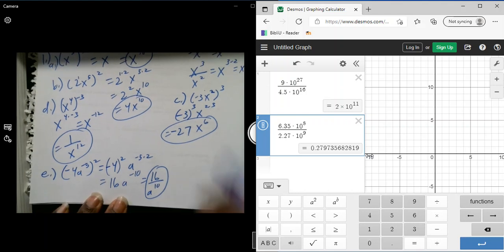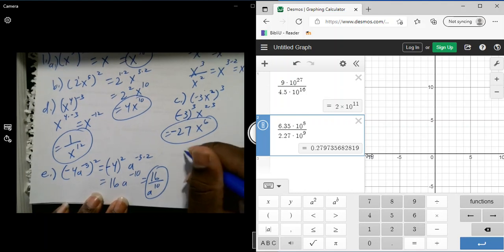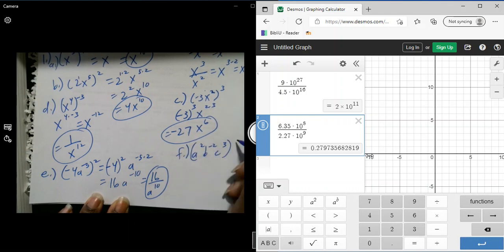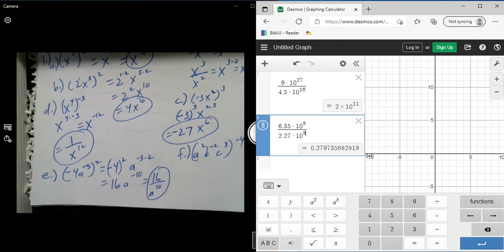Okay, now F. F is very interesting. We have a squared, b to the negative 2, c to the third, all taken to the negative 4 power. Okay, so we would take those values, and since we have a power to a power, we will multiply.